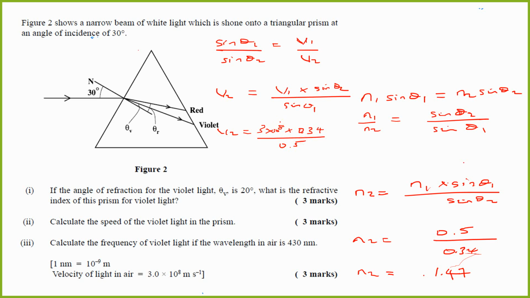Divide that by 0.5, we get that V2 is going to be 2.04 times 10 to the 8 meters per second. What this tells us is that the speed of the light has decreased in the medium, which makes sense, because the thicker the medium that you go through, you expect the speed to decrease.